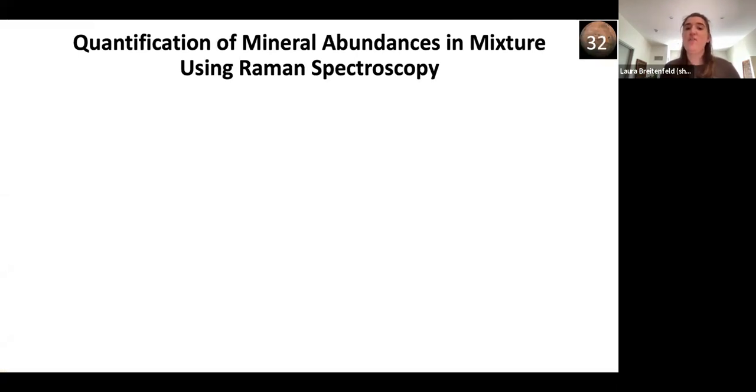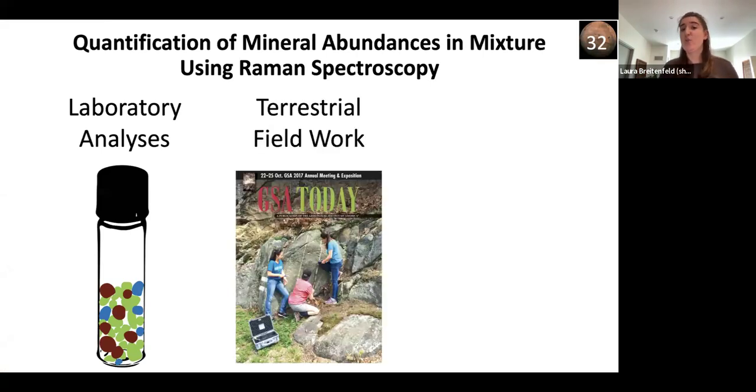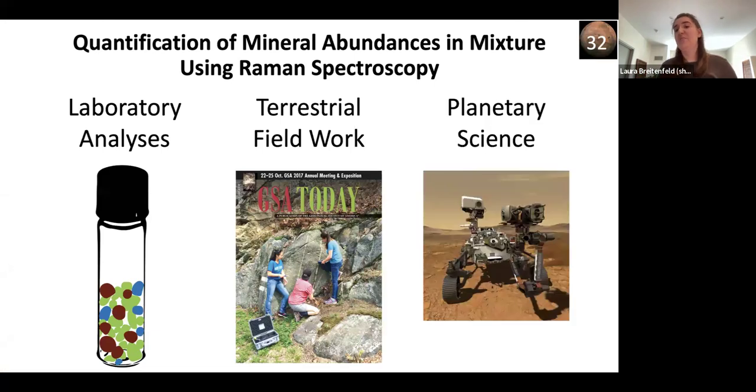So this work of quantifying mineral abundances in mixtures using Raman spectroscopy is applicable to laboratory analyses as well as terrestrial field work. But my focus is more planetary science based. And so the minerals that I specifically chose to study in this application are relevant to the planet Mars.